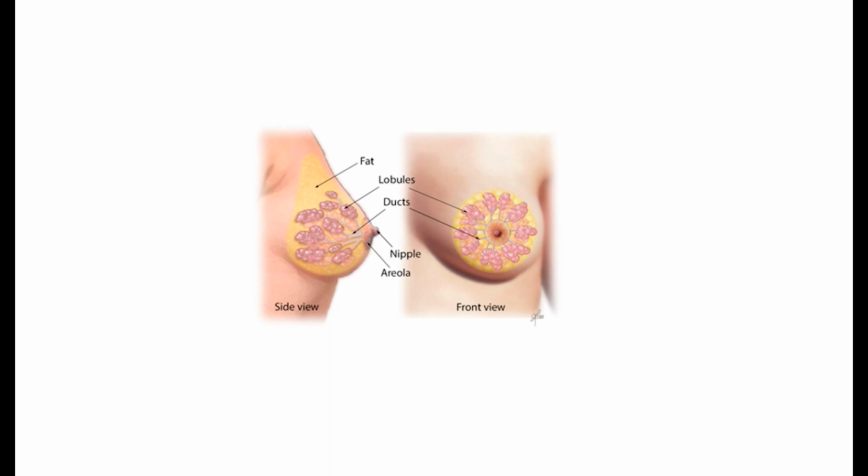Sometimes the normal breast tissue extends to the axilla, and it is called the axillary tail of Spence.